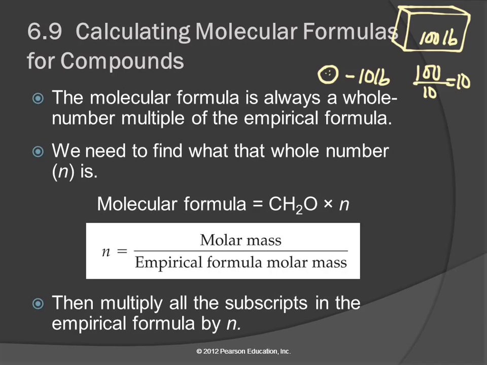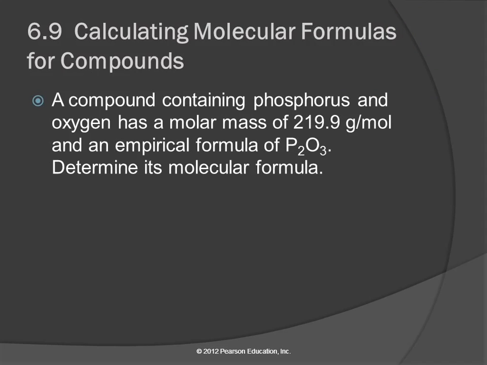So let's do it. A compound containing phosphorus and oxygen has a molar mass of 219.9 grams per mole and an empirical formula of P2O3. Determine its molecular formula. So this is the bowling ball, and this is the box.